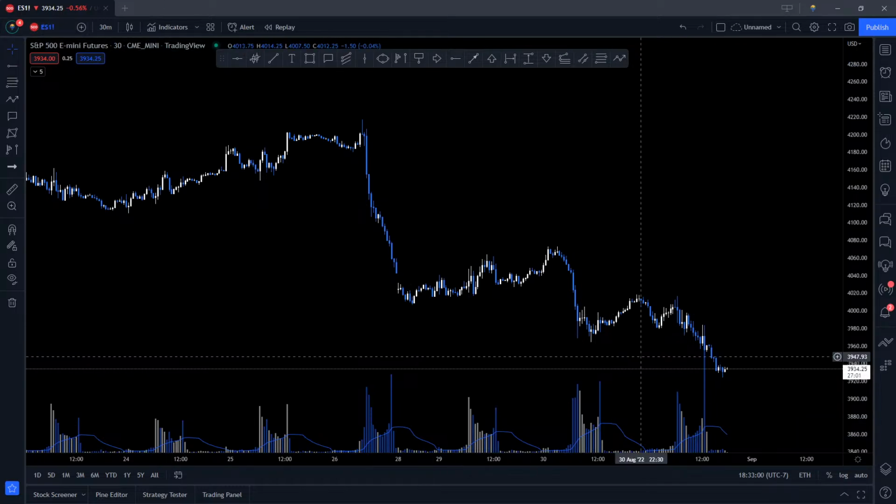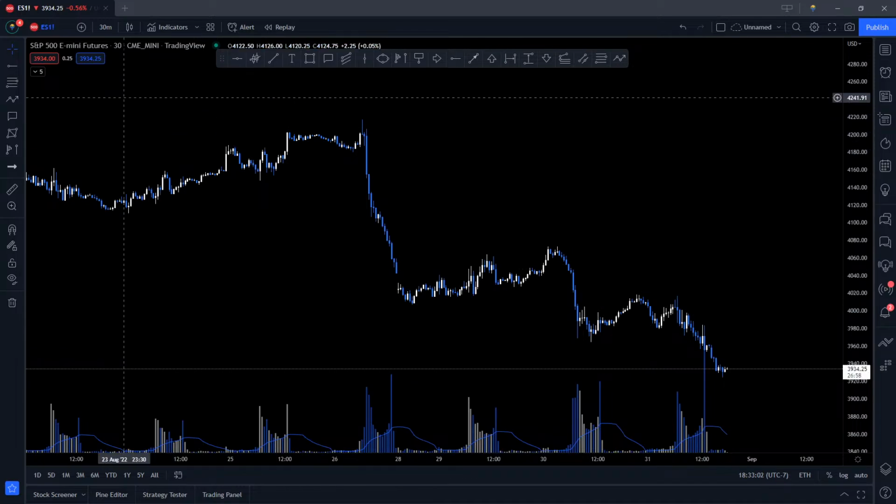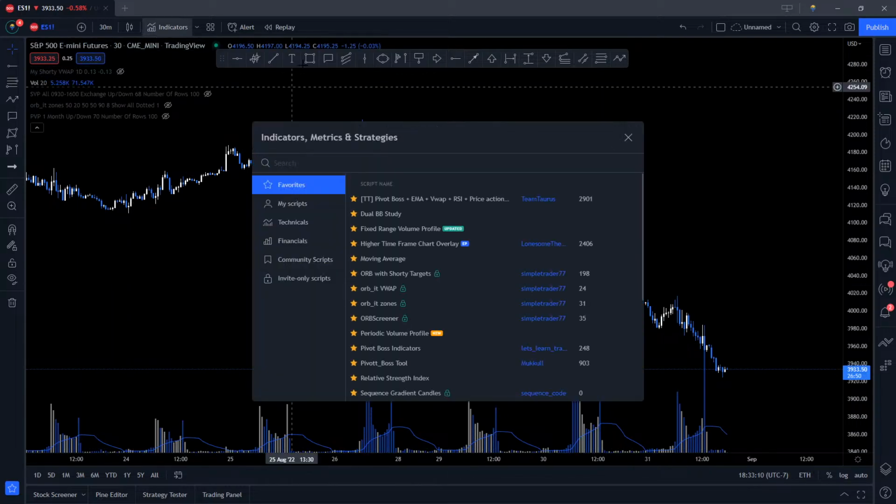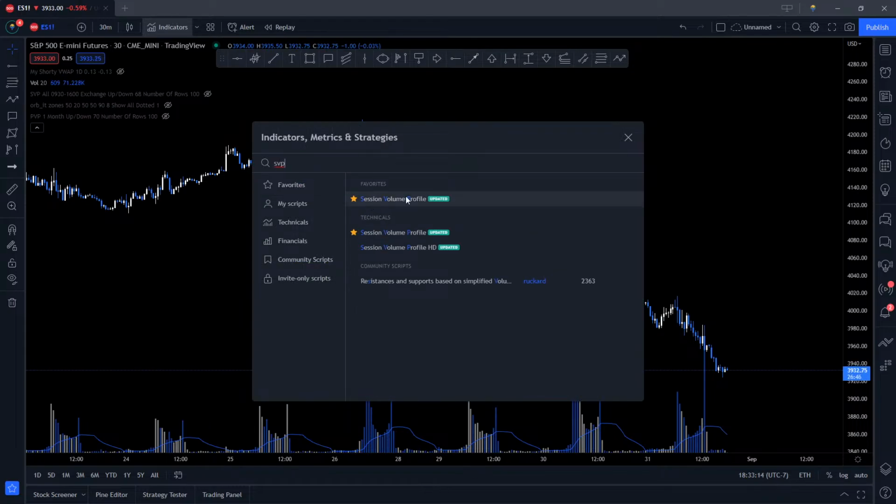I'm looking at futures, so I won't have them off for this. But in general, you want to be on the 30-minute time frame, extended trading hours turned off, and you're going to go to your indicators and look for SVP or session volume profile. One thing of note is we're not going to be using the HD version. We want to use the non-HD version.